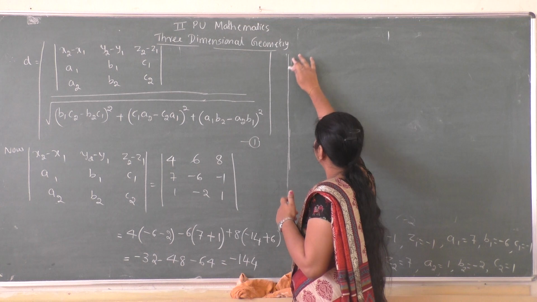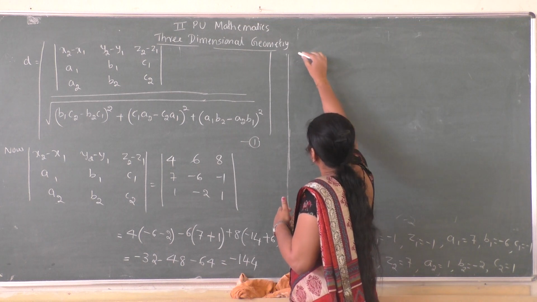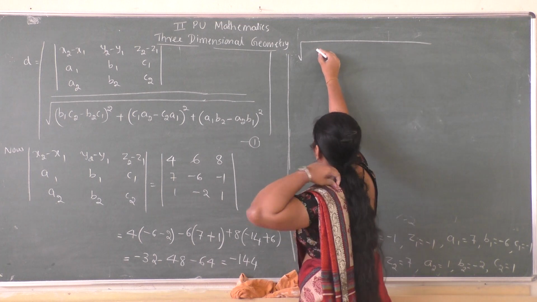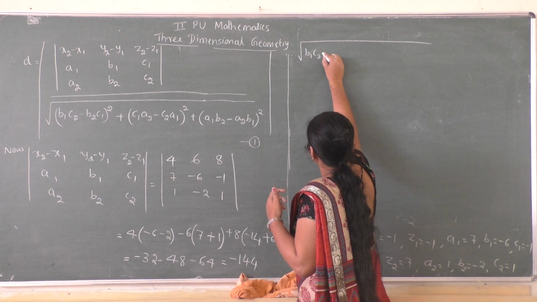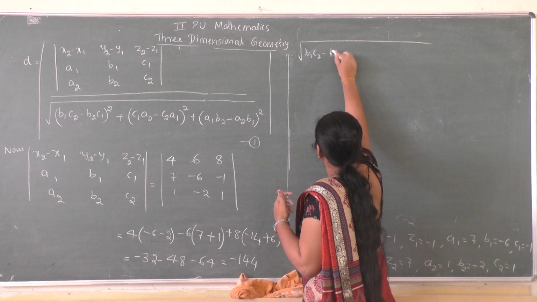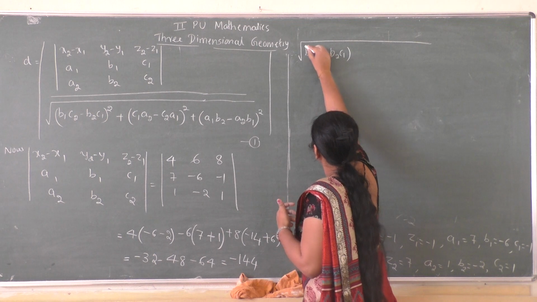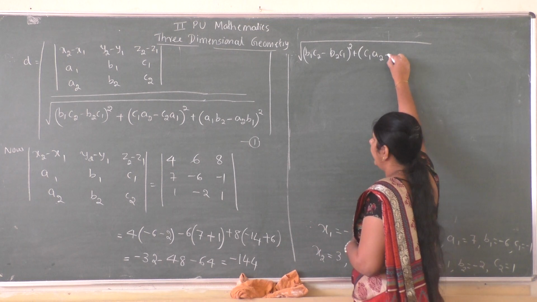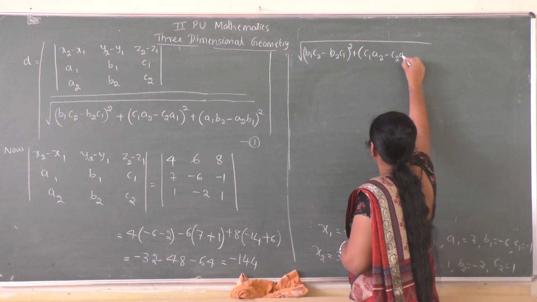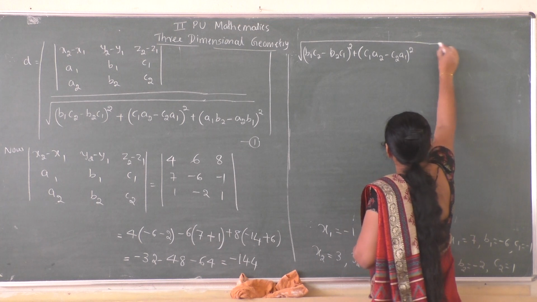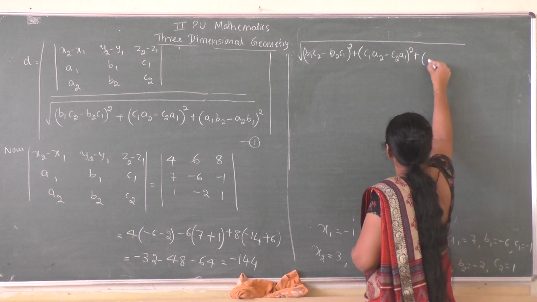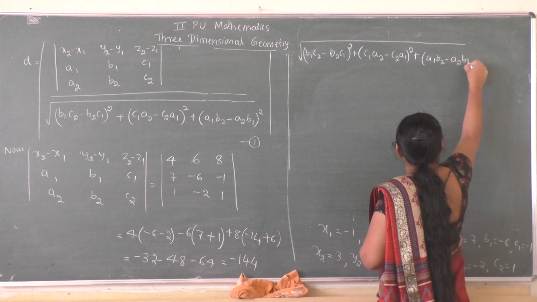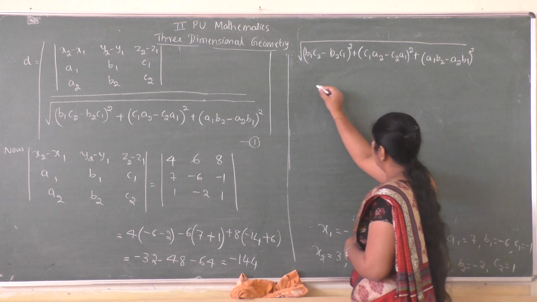That is the root of (b1 c2 minus b2 c1) whole square plus (c1 a2 minus c2 a1) whole square plus (a1 b2 minus a2 b1) whole square.